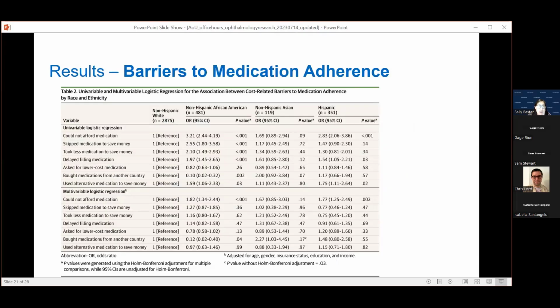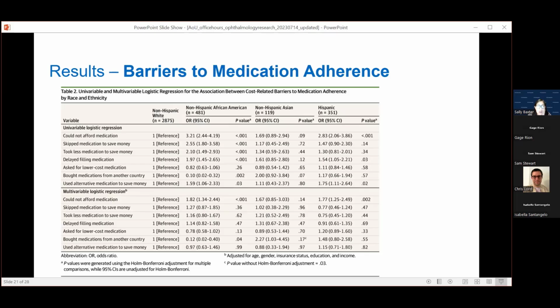So here you can see both the univariable and multivariable logistic regression. And across the board, looking at populations that were not in the non-Hispanic white group, we really saw this pattern of being at significantly higher odds of reporting cost-related barriers to medication adherence.